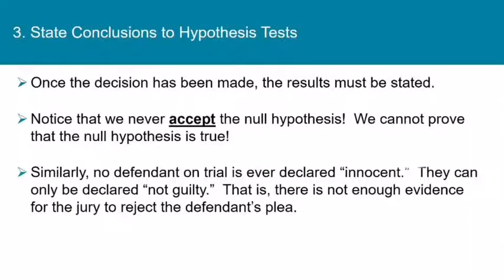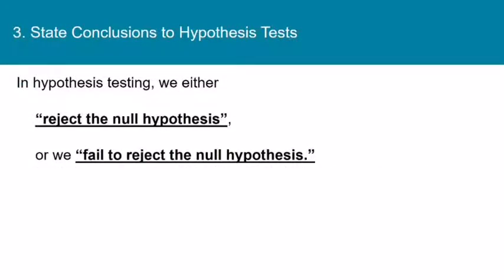It's an important difference. Because we can't prove these hypotheses, we only can say this one is more likely or that one is more likely. So in hypothesis testing, the way we talk is this. If we've decided that the null hypothesis is false, we say that we reject the null hypothesis. If we can't prove that the null hypothesis is false, we only say that we fail to reject the null hypothesis.